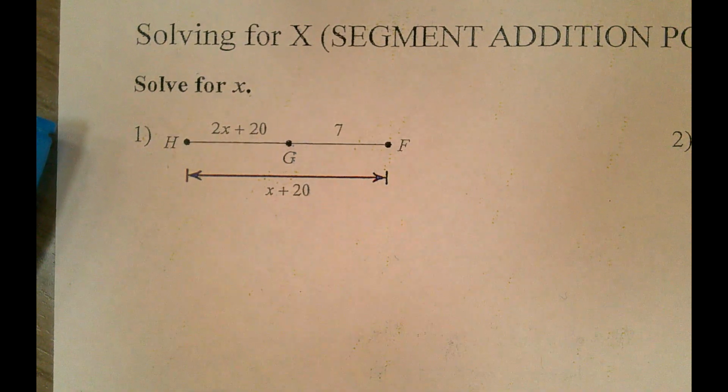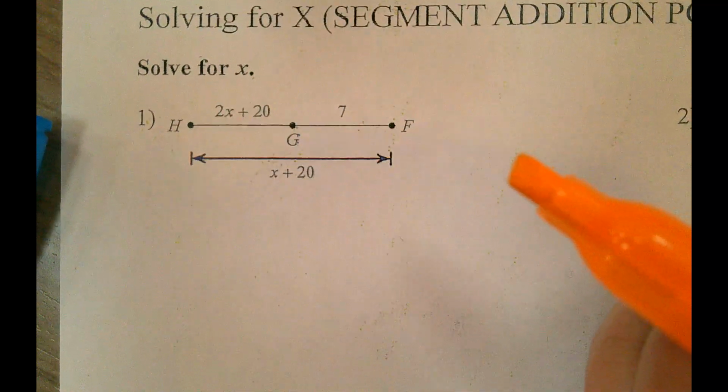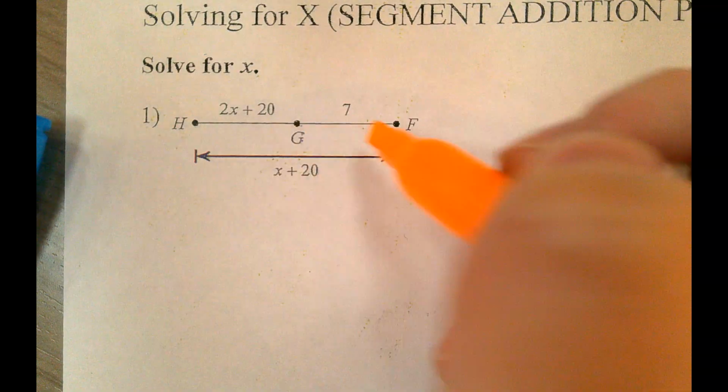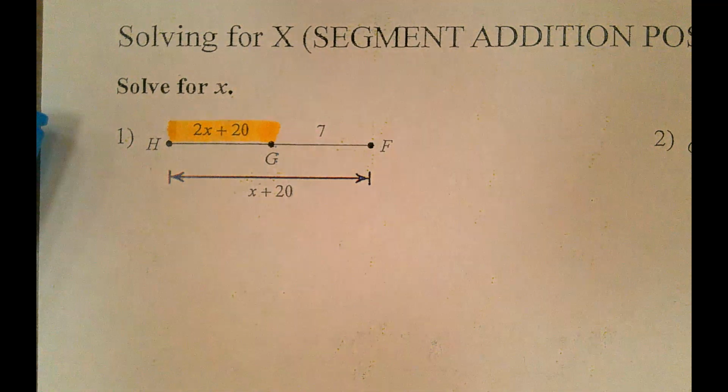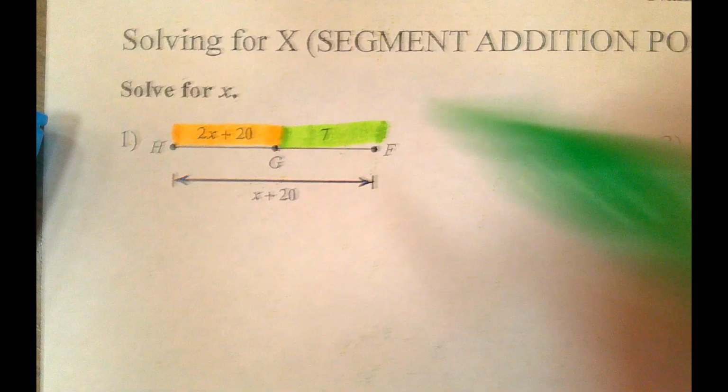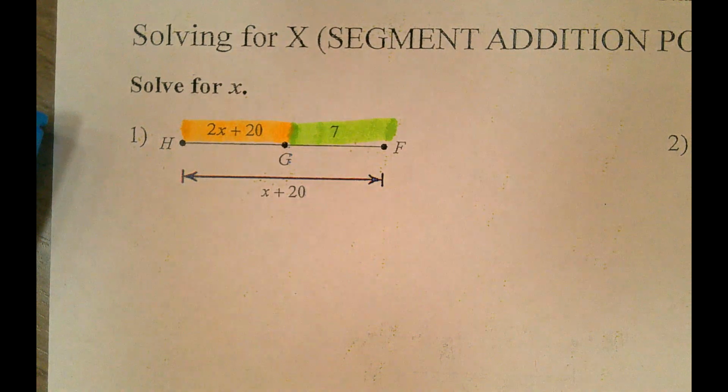Orange. So what is labeled above my first line segment? 2x plus 20. That's my first section. What is labeled above my second section? 7. Good. And what is the total line segment labeled as?